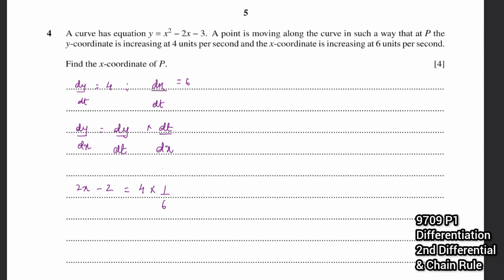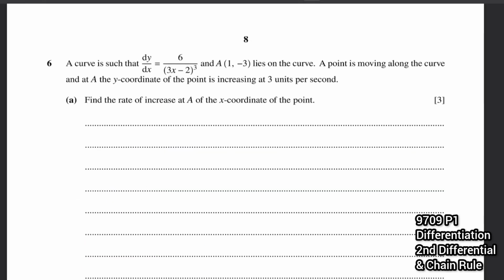So 2x is equal to 2 upon 3 plus 2. 2x is equal to 8 upon 3. x is equal to 4 upon 3. Answer. We just had to find the x coordinate.